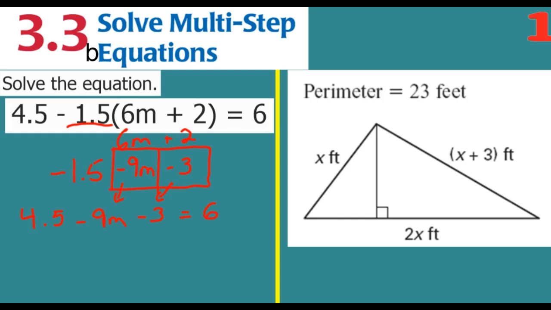Now I see that I do have like terms. I have 4.5 and minus 3. So if I do 4.5 minus 3, I get 1.5 minus 9m equals 6.